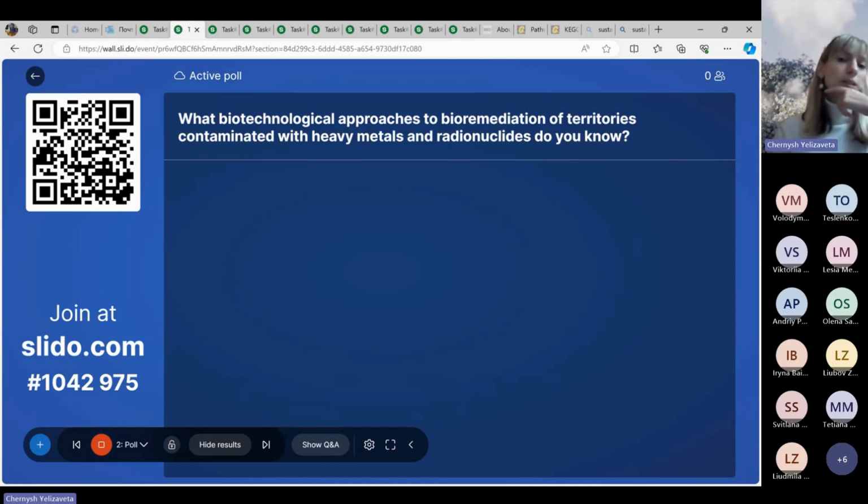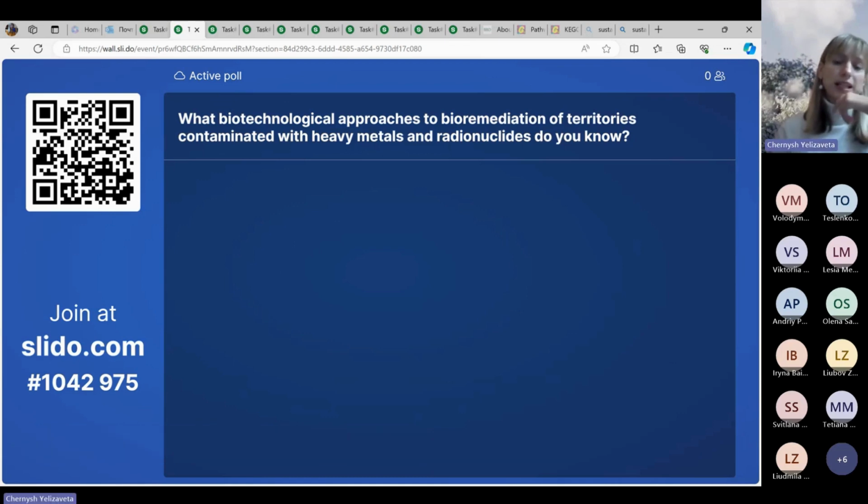So it's mostly based on the biological mechanisms used for bioremediation. And these biological mechanisms are connected with some natural mechanism of protection. Microorganisms have this protection mechanism against some pollutants.